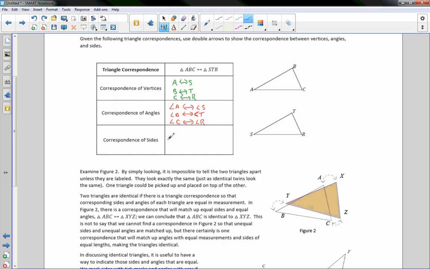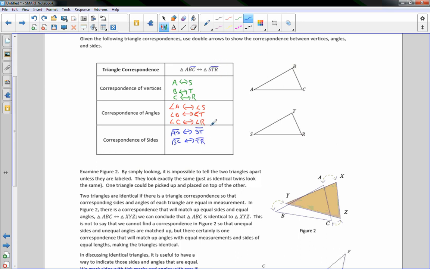And finally, the correspondence of sides. Okay, so if I use the first two letters, AB, side AB corresponds to side first two letters, ST. Then if I use the second two letters, BC, side BC corresponds to side, last two letters, TR.